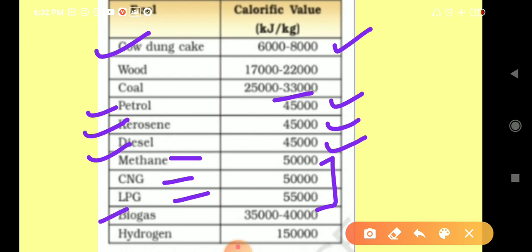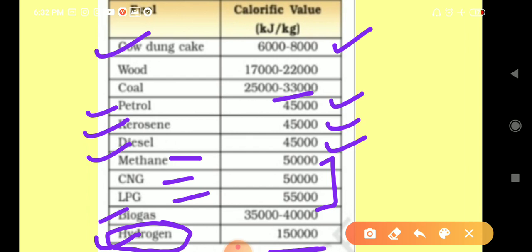Okay, then the biogas has 35 to 40,000 kilojoule per kg, and hydrogen has the highest calorific value, 1 lakh 50,000 kilojoule per kg. But we cannot use this in our home because we cannot control it, right?